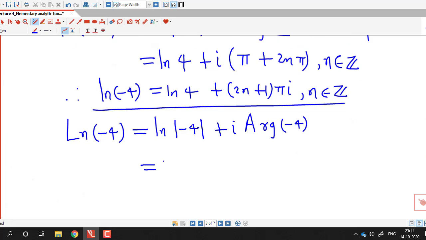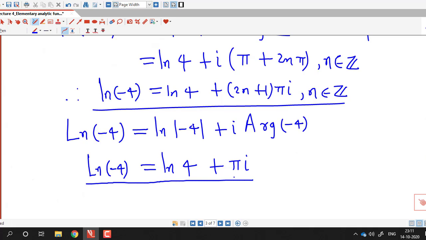So this is nothing but ln 4 plus pi into i. Therefore the principal logarithm of minus 4 is ln 4 plus pi i. Ln 4 is a real number, and this 4 is considered a real number here.